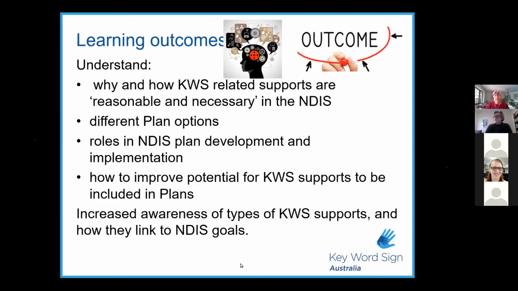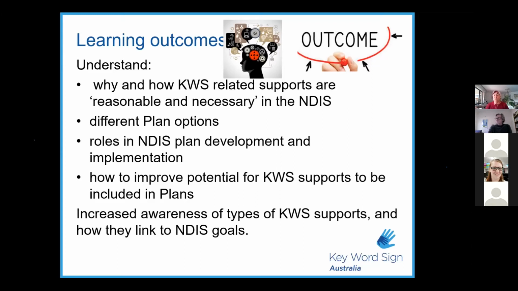So we will be talking about the NDIS, but we're also giving some background information about how to make the case to your planner and to the NDIS about why keyword sign supports are appropriate, reasonable and necessary for those criteria. Talking about the plan options, because that can make a difference to what you can access, and you have the opportunity potentially to make some choices about how you set up your plans.